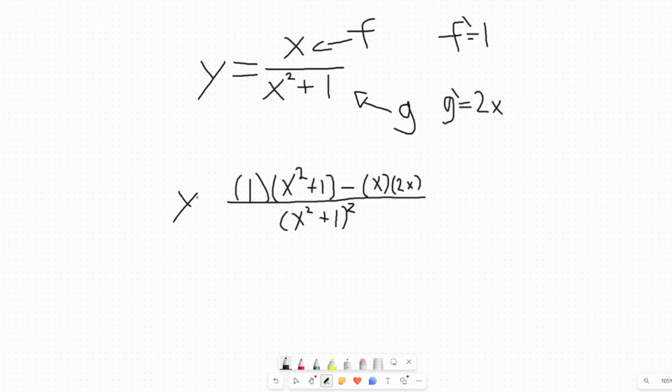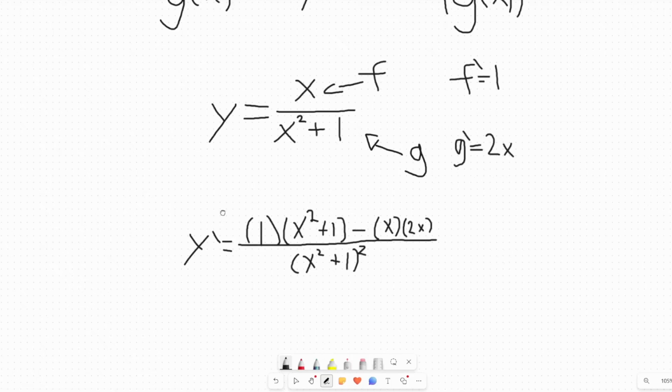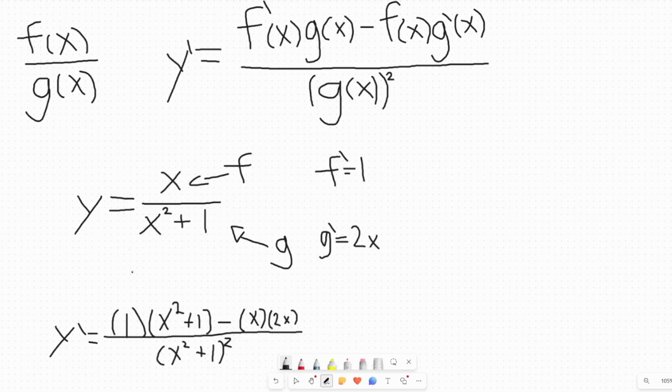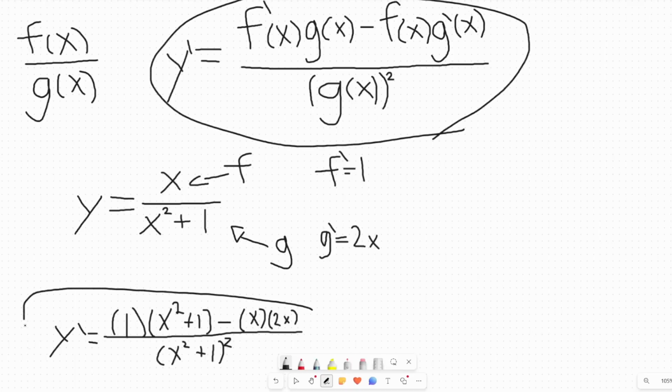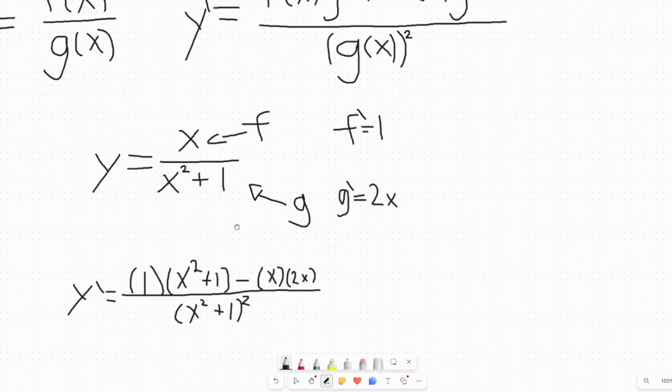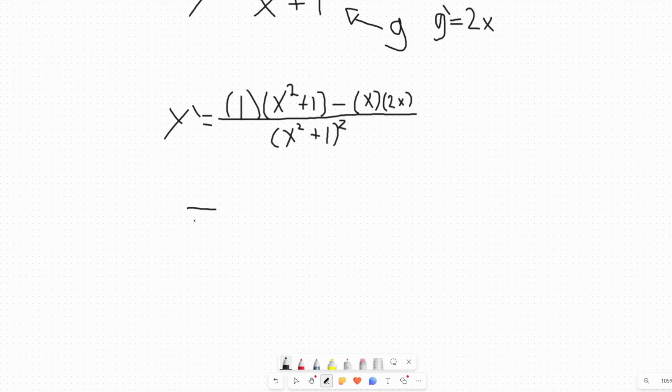All right, so y prime is equal to this. We literally just mapped this equation to this one down here. f prime is 1, so I didn't really have to write that, but I did it just for demonstration.